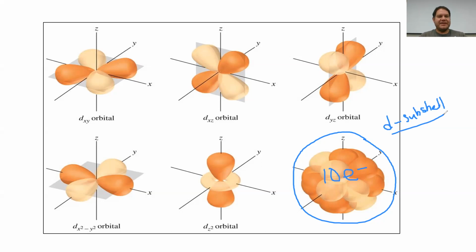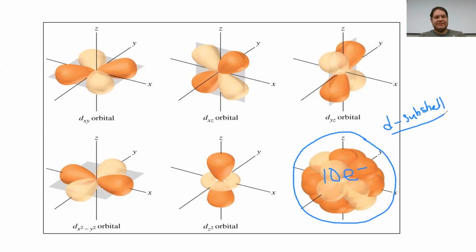Then you have the p subshell, made up of 3 p orbitals, x, y, and z. They combine together to form that p subshell, which can have a maximum of 6 electrons.